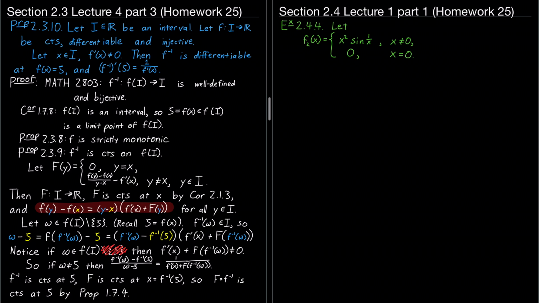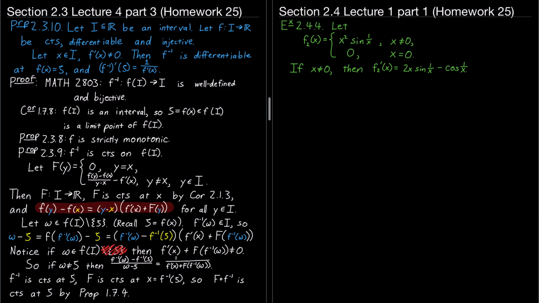Then, if x is not equal to 0, we can use the usual rules of differentiation. We can get f2 prime of x is 2x sine 1 over x, and then by the product rule and the chain rule, this is minus cosine 1 over x.